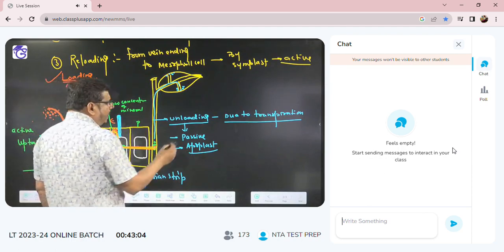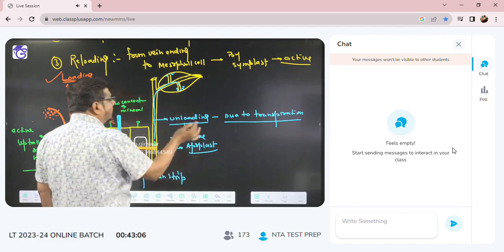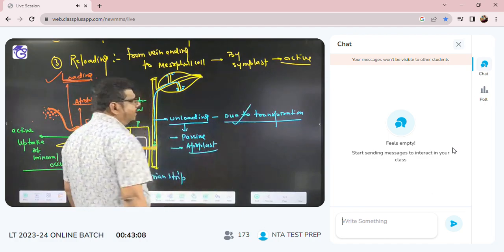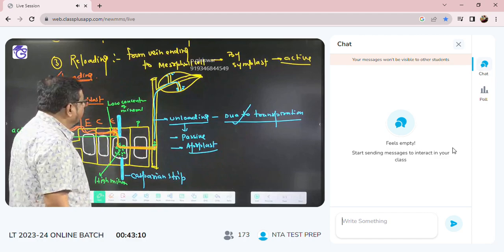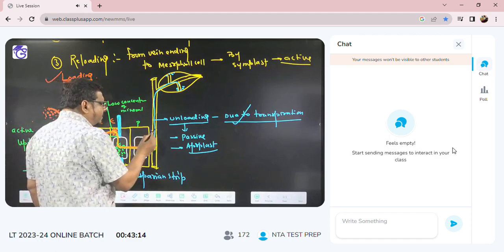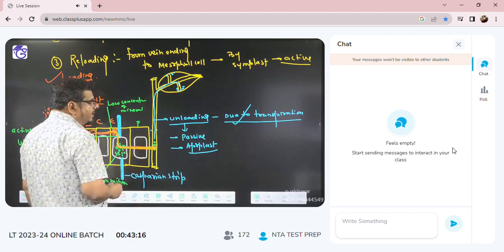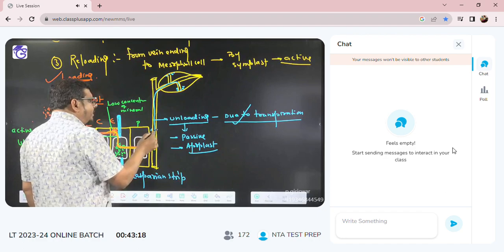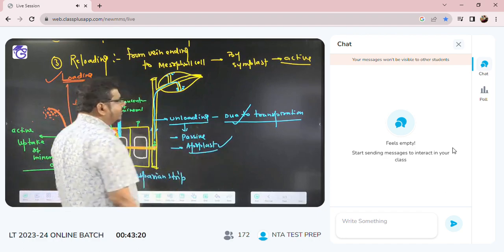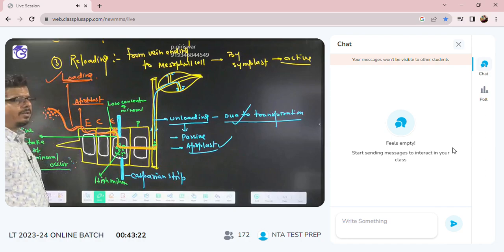Why is it a passive process? Because pulling occurs due to transpirational loss of water, due to suction pressure. And xylem vessels are dead vessels. And when any transport occurs through dead vessels, it is called what? Apoplast.